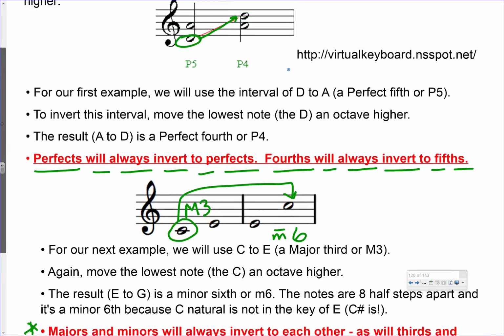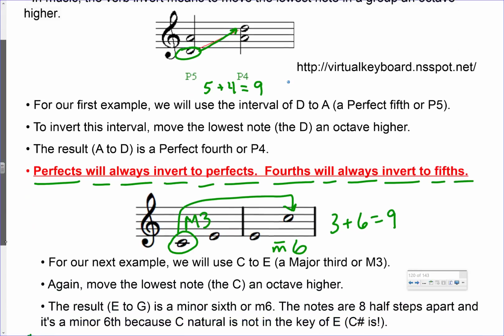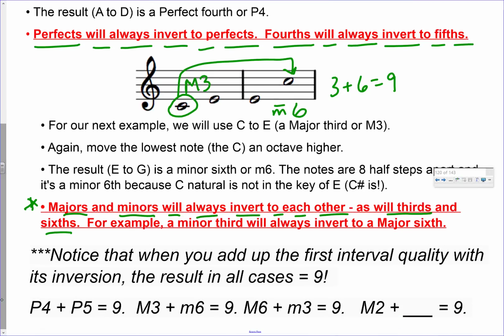The rule of 9 comes into play when we have 5 plus 4 in the first example, and 3 plus 6 in the second example. Notice that when you add up the first interval quality with its inversion, the result in all cases equals 9. 4 plus 5, 3 plus 6.